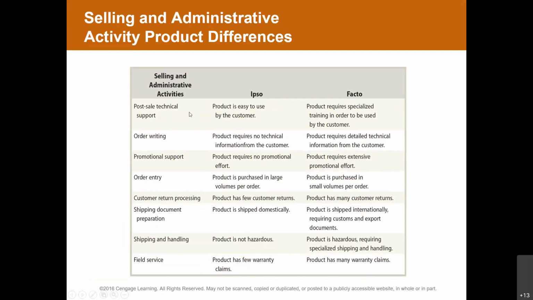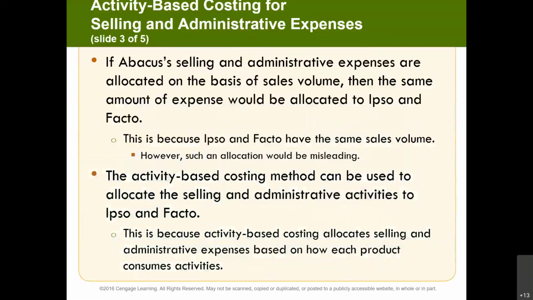So essentially what this shows us is that, based on the selling administrative expense activities, we can apply selling administrative expense to each product differently as well. That's basically showing this concept.